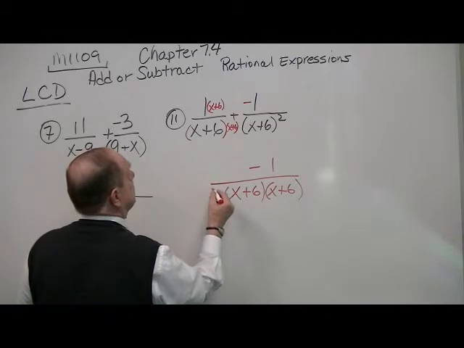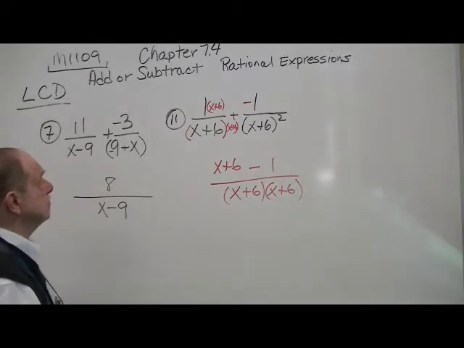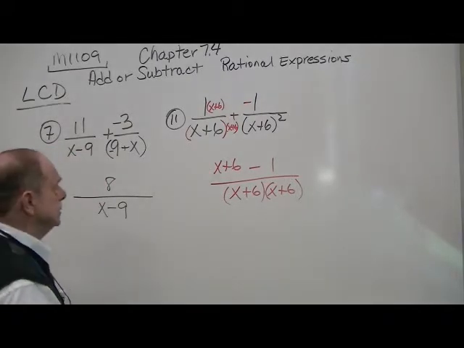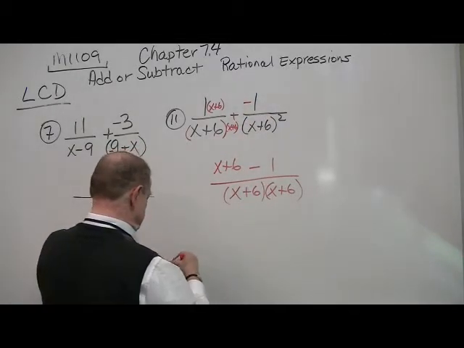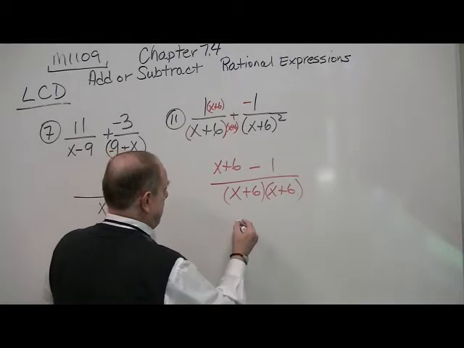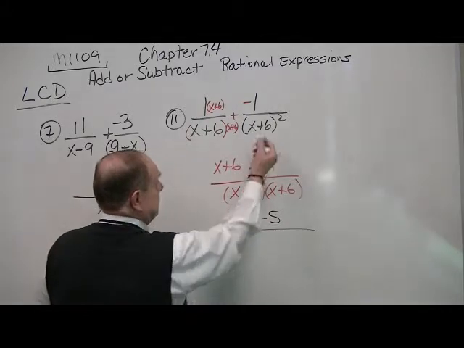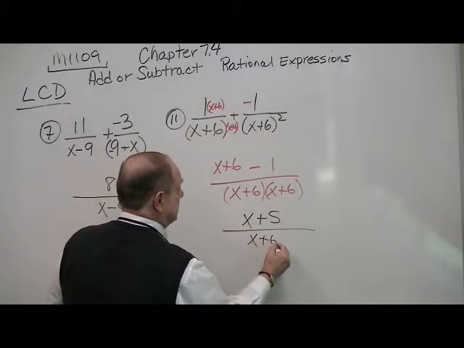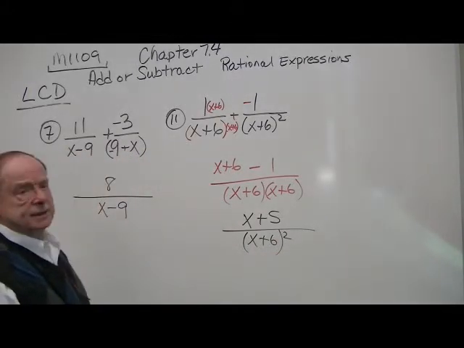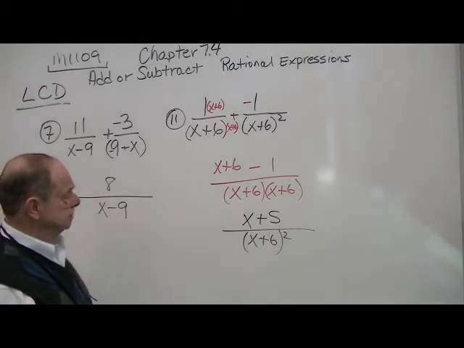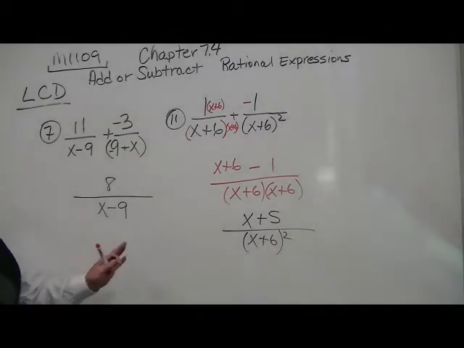So this now becomes an x plus 6. So here, we now have a negative 1 and a plus 6. This is going to become x plus 5 over, and you can write it this way, x plus 6, the quantity squared. I thought at one time we might be able to cancel something out, but it didn't work out that way. Remember, you can always rewind the tape a little and look at this again.